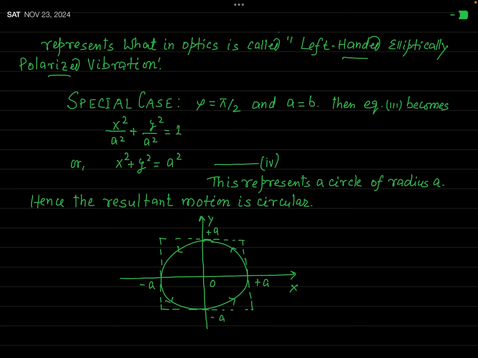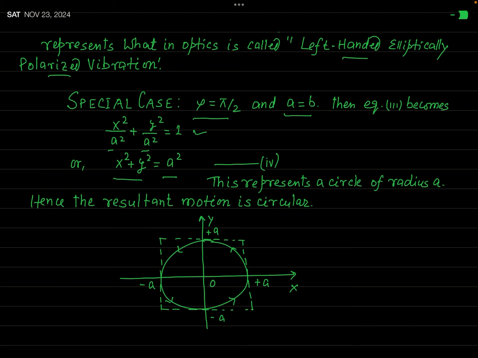Now in this case, if we impose an extra condition, phi equal to pi by 2 as it is, now if you consider that the amplitudes of the two vibrations are equal, that is a equal to b, then what will happen? Then you can see the equation of path will become x square over a square plus y square over a square equal to 1, that is x square plus y square equal to a square.